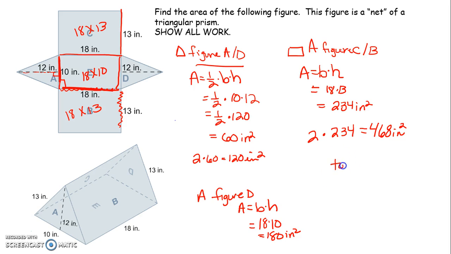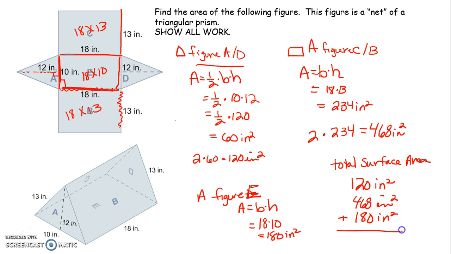Then to find our total surface area, we have to add up the area of all our surfaces. So we take the area of our two triangles, which we found was 120 square inches. We take the area of the two rectangles that happen to match, which was 468 square inches. And then we finally take our last area, for figure E. The middle one was figure E. It is 180 square inches.